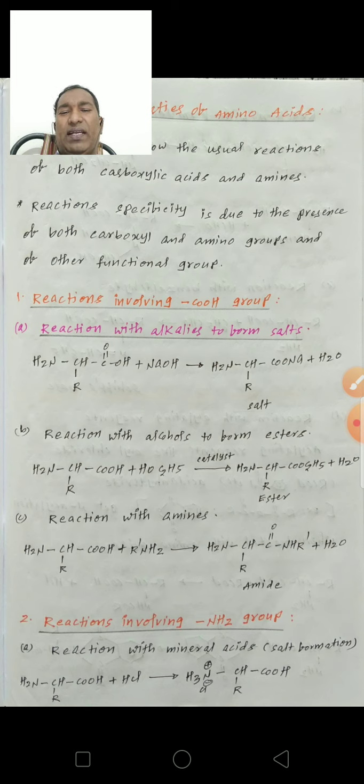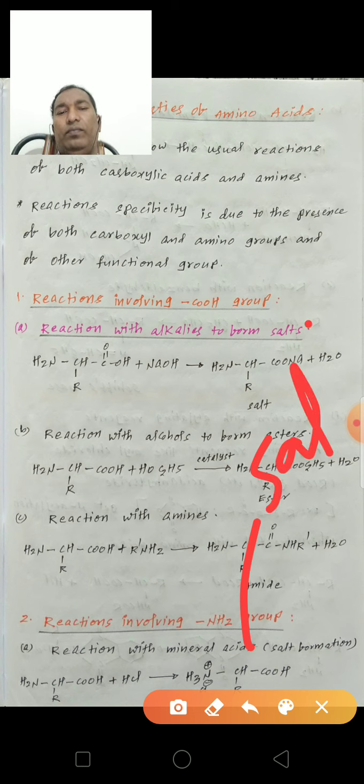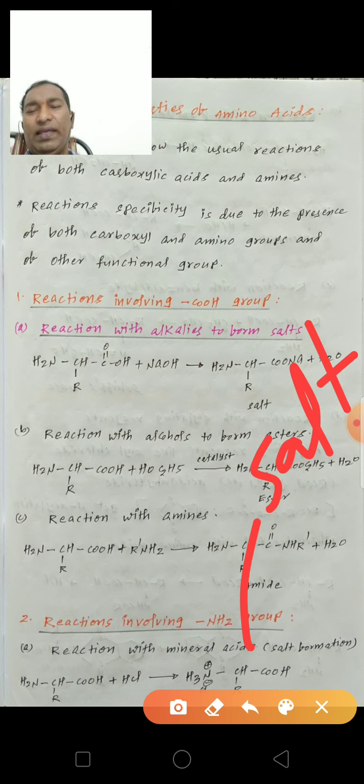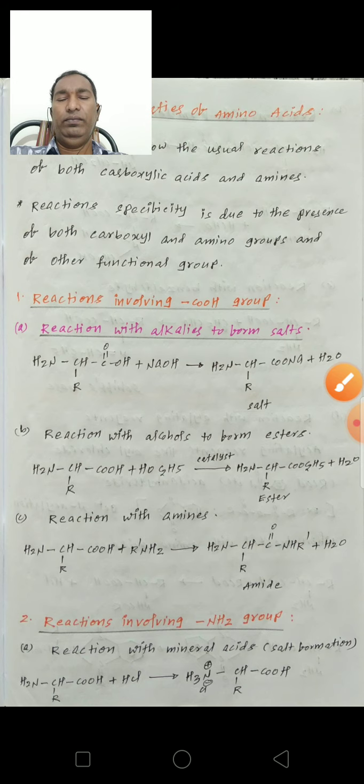When a base reacts with an acid, it forms a salt. So here, amino acid NH2CHRCOOH, when it reacts with the mineral acid hydrochloric acid, HCl, forms NH3 plus Cl minus, CHR, COOH. This is the ammonium chloride salt. In this reaction only the basic NH2 group is involved. This basic group reacts with the acid to form a salt.